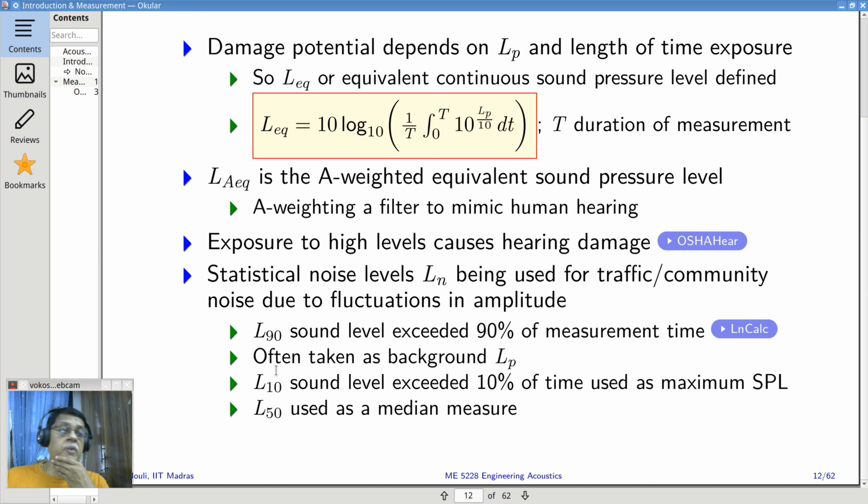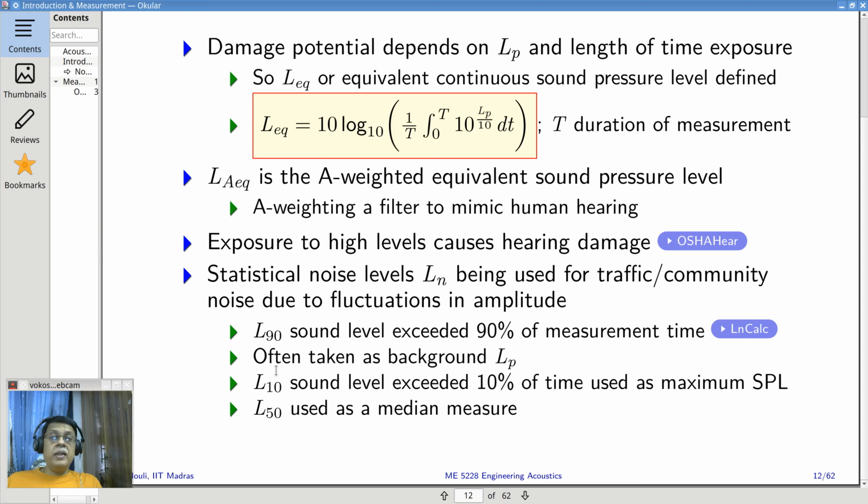From traffic noise, community noise, so typically when you live in a neighborhood with traffic noise, we basically have what is called LN, which is the statistical measure, noise level, LN. So for shop floor noise, we have L equivalent, which is used to determine how safe it is to work for a certain number of hours.